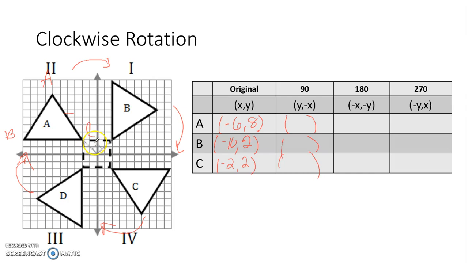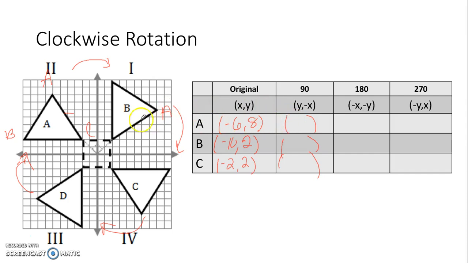As we decide what our next ordered pair is for point A, we also need to keep in mind that we are only rotating it 90 degrees, so A right here becomes A right here. What's going to happen is our x and y are going to switch.